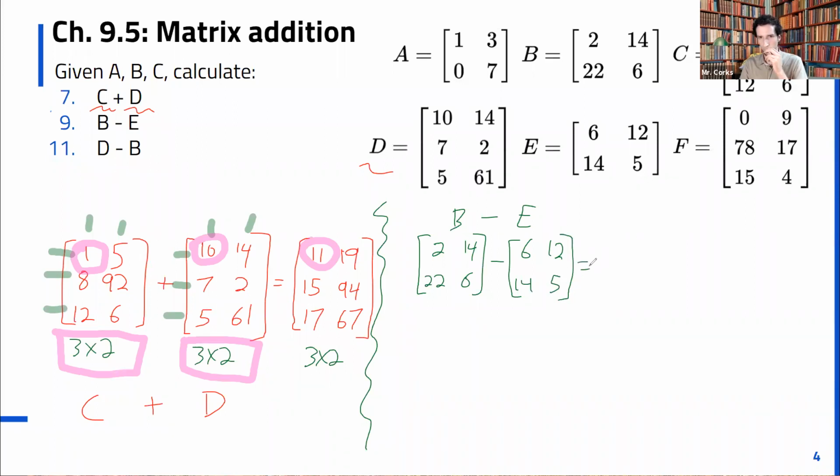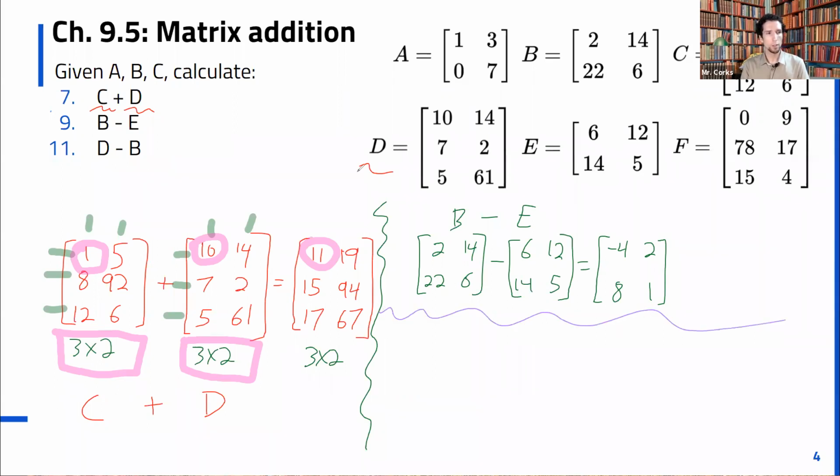What's our result? It will be 4, -4, 2, 2, 2, 8, 1 and 1. Okay, that's it. We're just subtracting. Nothing surprising, nothing tricky here.